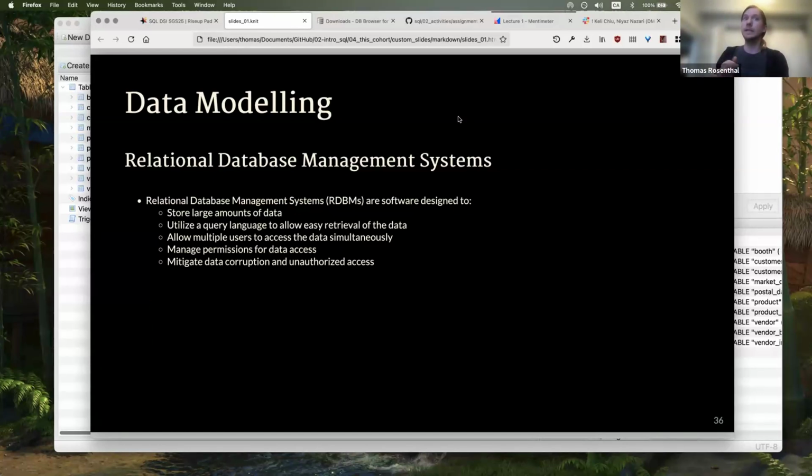It also manages permission for data access. That's a big thing too. Who is allowed to see this data? That's very different than, say, an Excel document. And it also does some more specialized tooling around data corruption mitigation and preventing unauthorized access, for example. So the software is more than just storing the data.